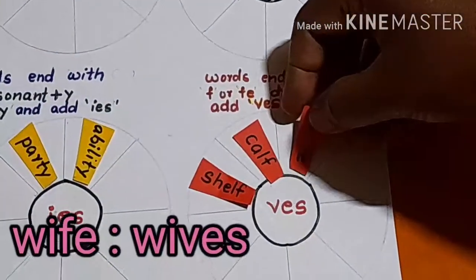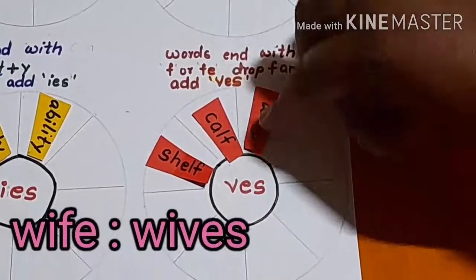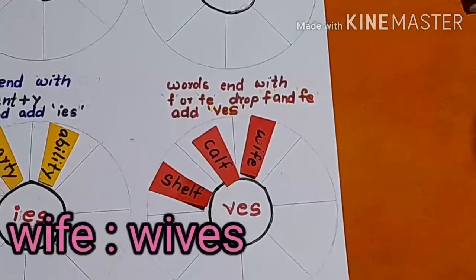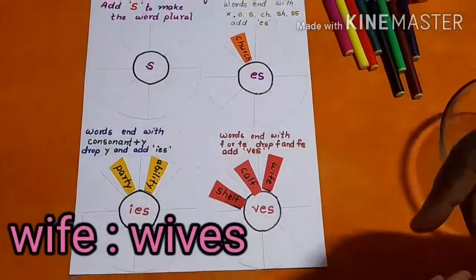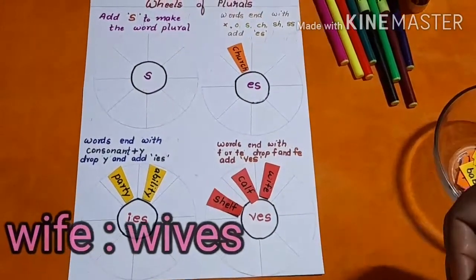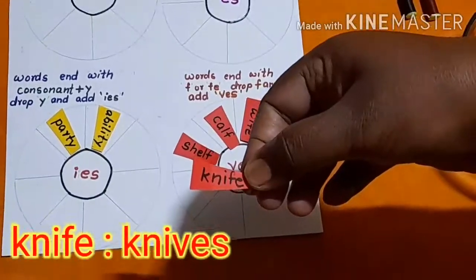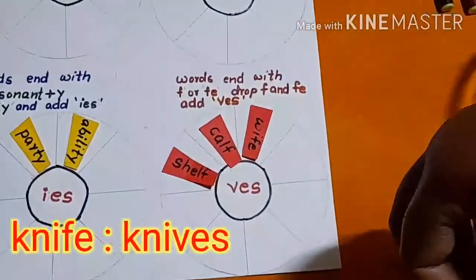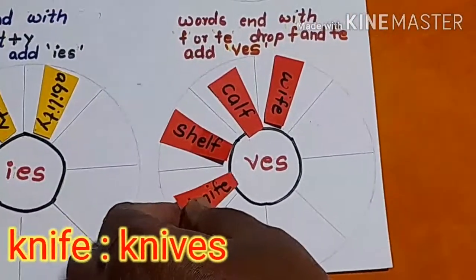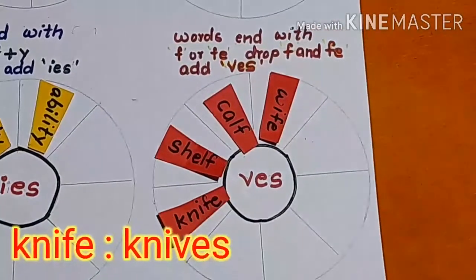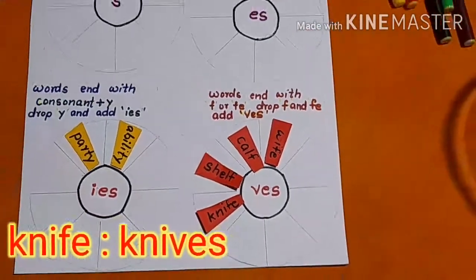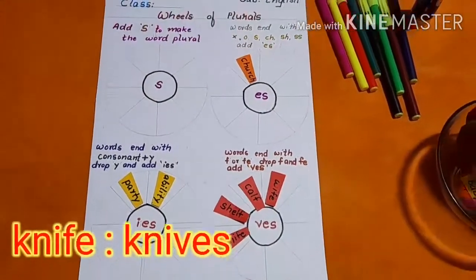So F-E we should remove and we have to add V-E-S. So it will become wives. Next one again we got knife and with F-E. So again the same wheel. So it will become knives by removing F-E and adding V-E-S.